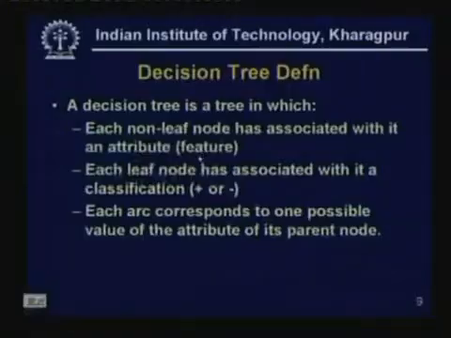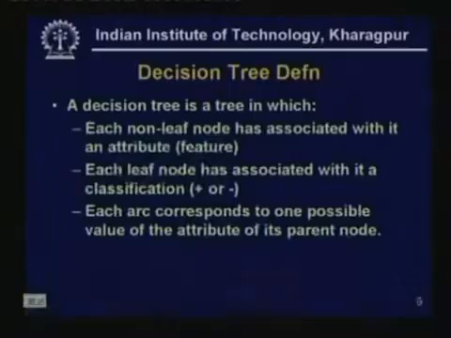So, let us come to the formal definition of a decision tree. A decision tree is a tree in which each non-leaf node has associated with it an attribute or a feature. Each leaf node has associated with it a classification. In case the concept learning problem is a 2-class problem, the classes can be plus or minus. In general, there could be a finite number of classes.